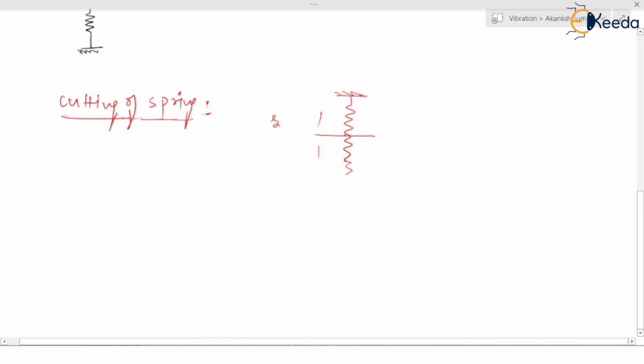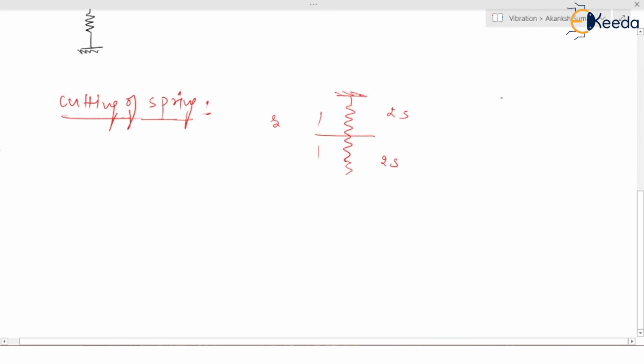We have cut it in 1:1 ratio, so this would be 2s, and this would also be 2s. That means when you cut the spring into two equal parts, the stiffness of each spring becomes twice.